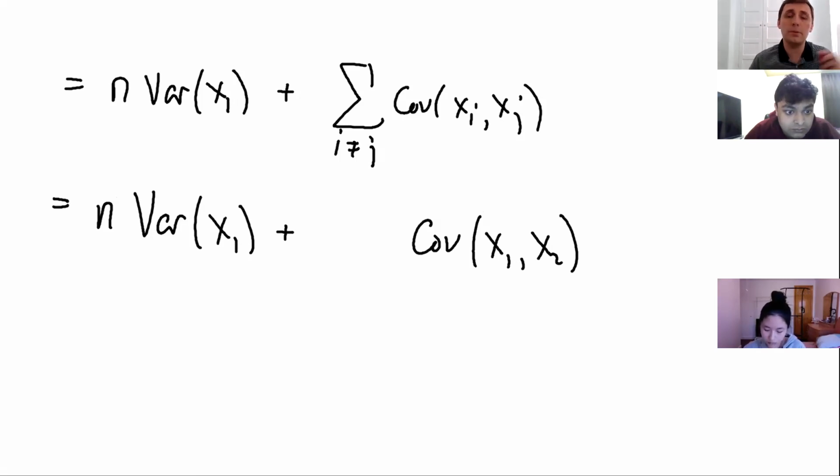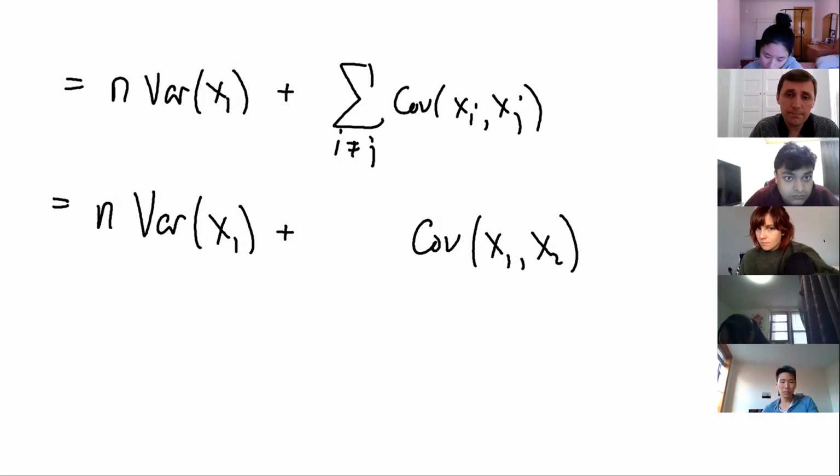Now, how many terms in the summation, please? In the summation i not equal to j, I replace the term added by covariance x1, x2. How many terms do I add?